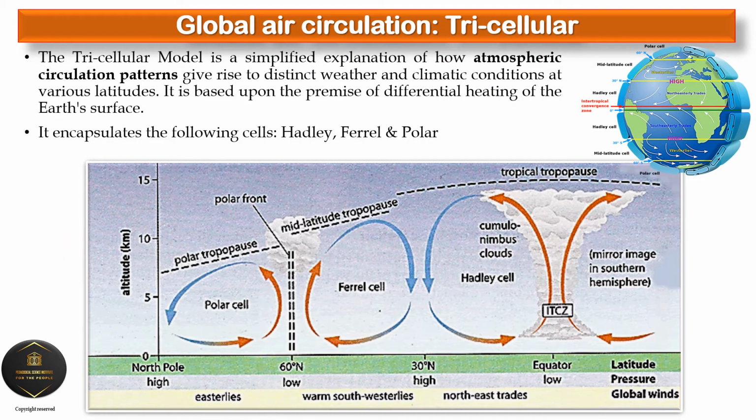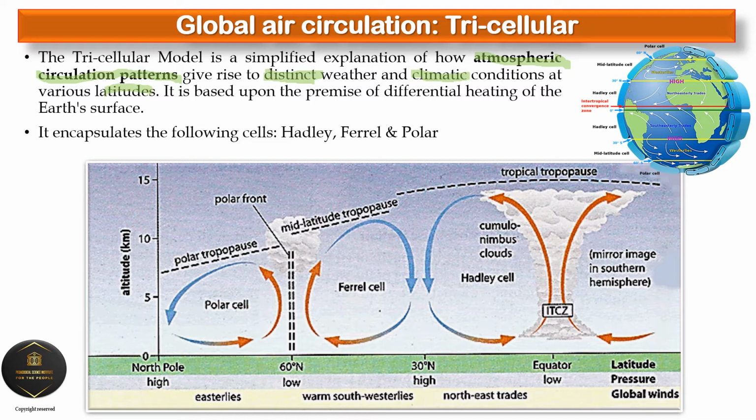Now, let's just look at a cross section of the winds, the tricellular arrangement of the winds. By definition, the tricellular model is a simplified explanation of how atmospheric circulation patterns give rise to distinct, please take note of that, distinct or different weather patterns and climatic conditions at various latitudes.